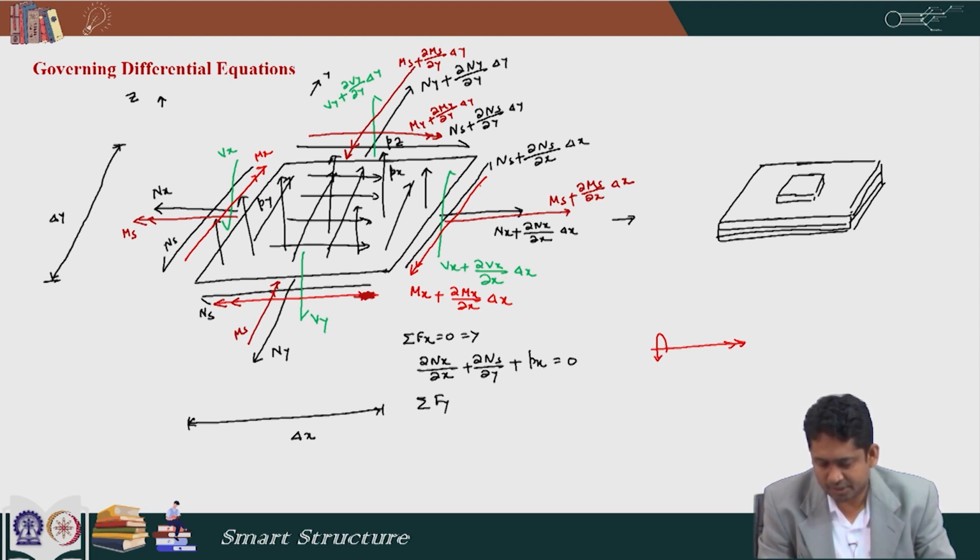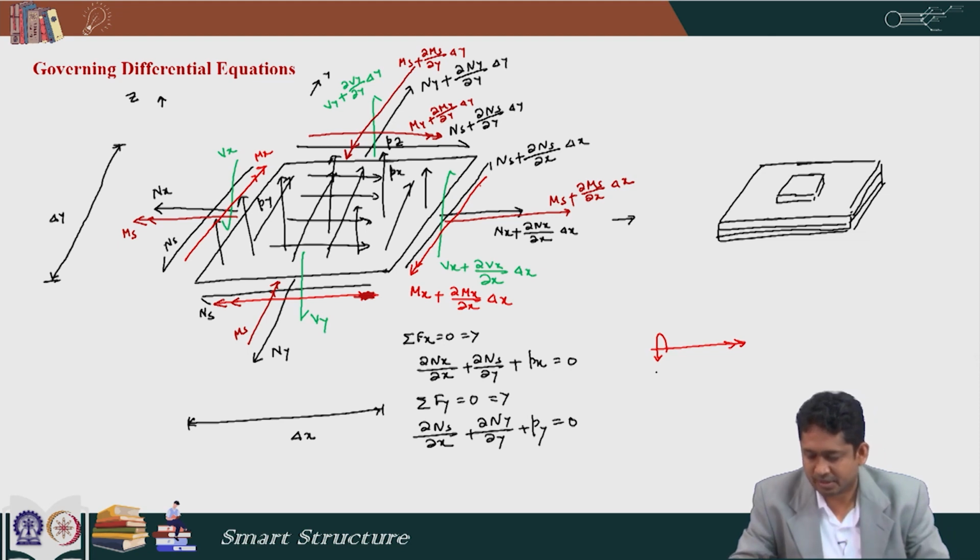Similarly, summation of forces along y direction to be 0 gives me del Ns by del x plus del Ny by del y plus Py equal to 0.